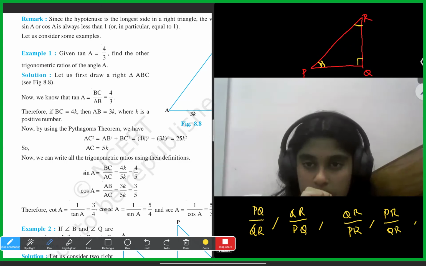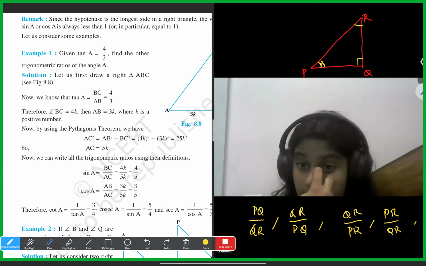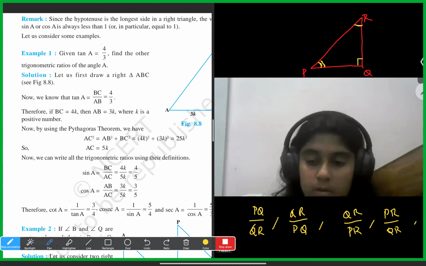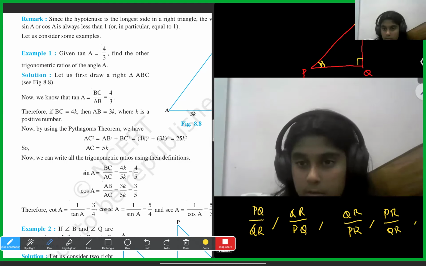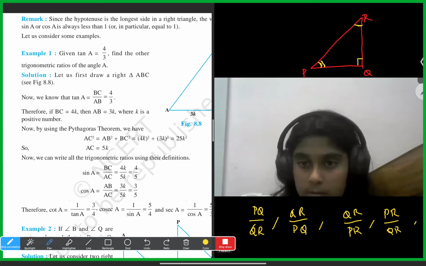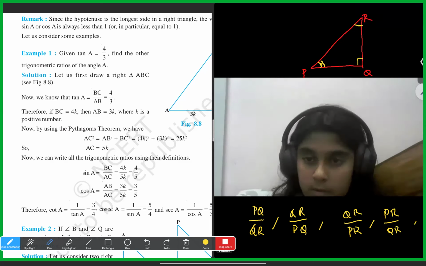It's easy to check actually, just check the pairs. First I checked both the horizontal and vertical sides. Then vertical with hypotenuse. What is the other leftover pair?